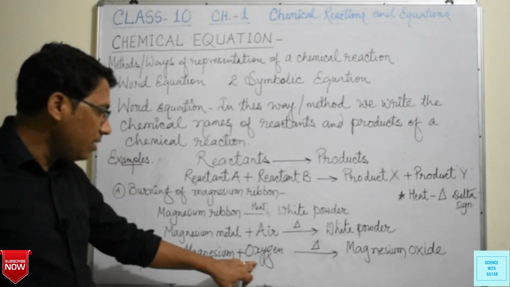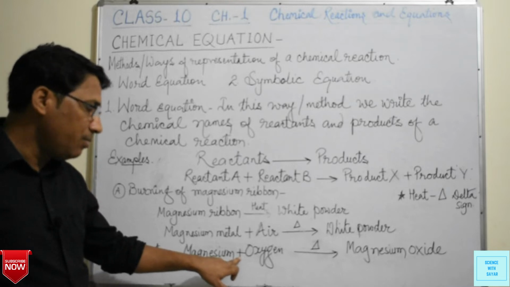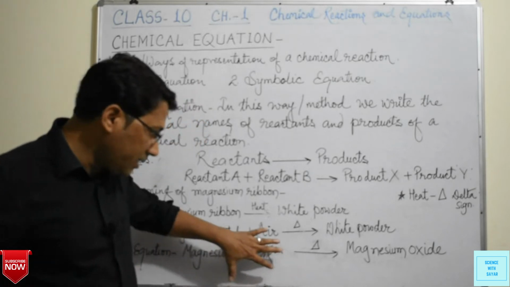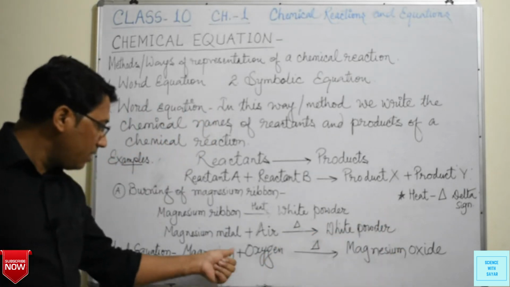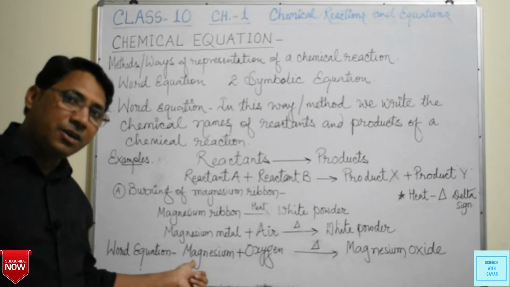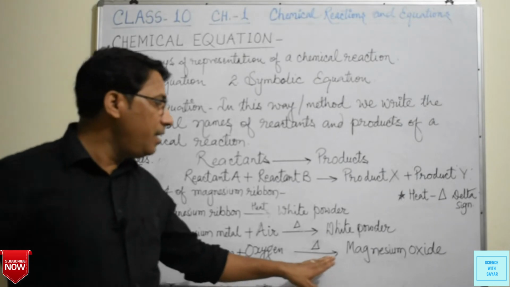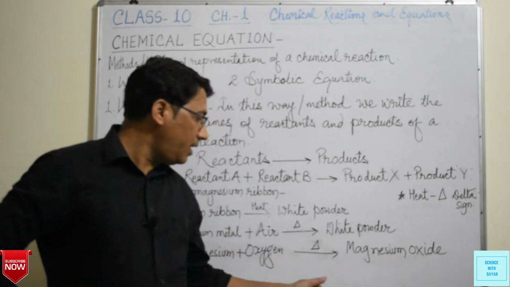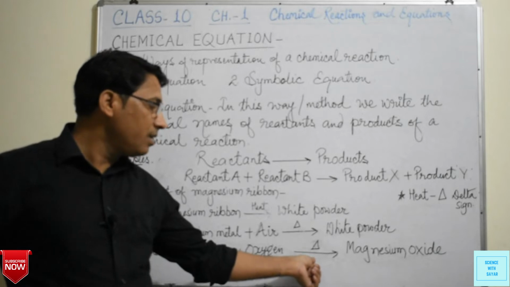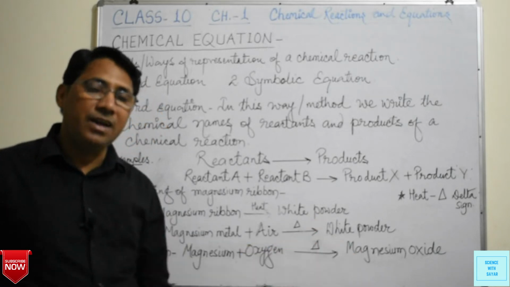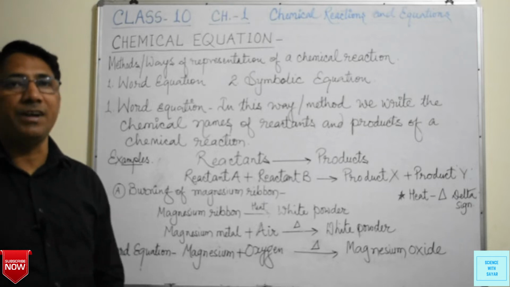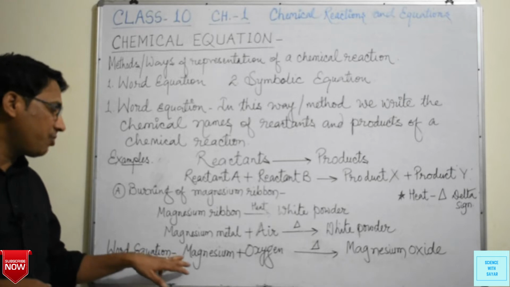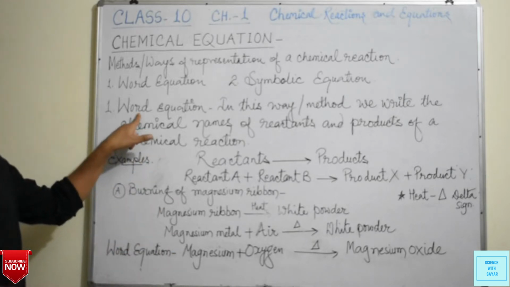Magnesium and oxygen are two reactants, so between them there is a plus sign, and there is an arrow between reactants and products. Reactants are written on the left hand side and products on the right hand side, and on the arrow we use the delta sign, which means heat is provided. In this way we can represent a chemical equation as a word equation.